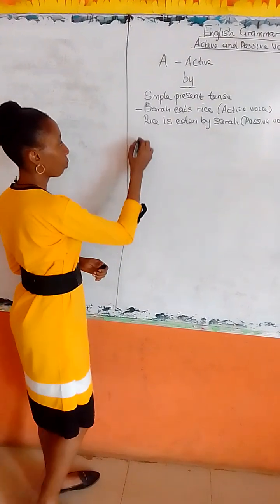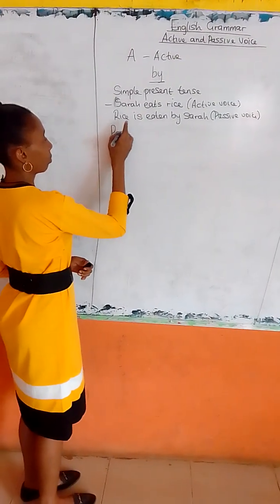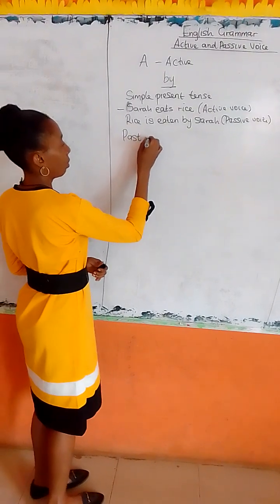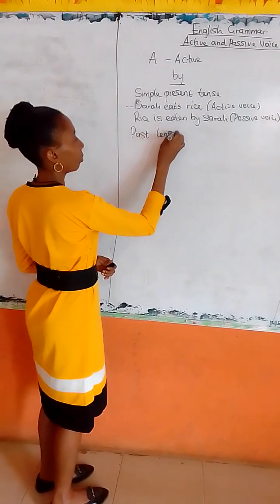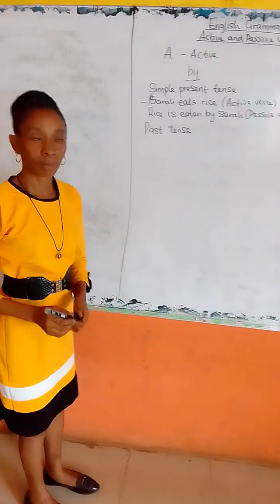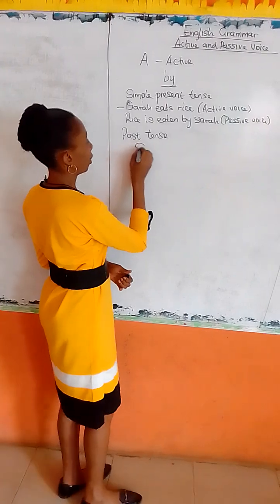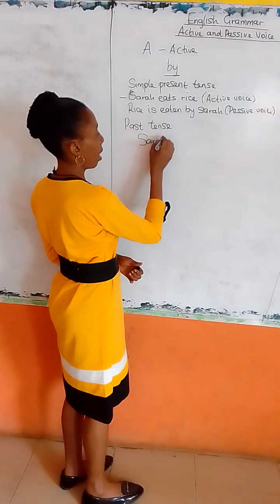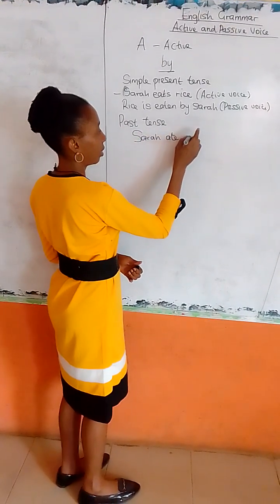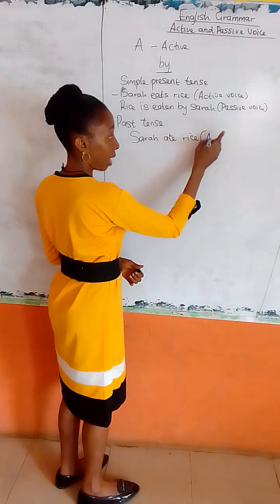Now let us look at an example in our past tense. Using the same example, Sarah ate rice. Is in an active voice.